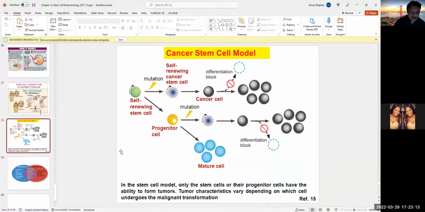Then the same stem cells, which are important for the development of normal organs, can become cancerous and keep dividing, and if the chemotherapy is not working, then it has a fatal effect.